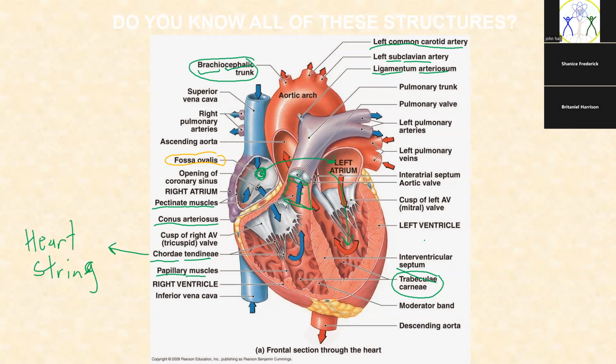So there's not enough suction to hold the ventricles together, right? So it stops the ventricles from sticking to each other when your ventricles contract. Okay? The moderator band here assists in the contraction, sending signals of contraction to the ventricles.